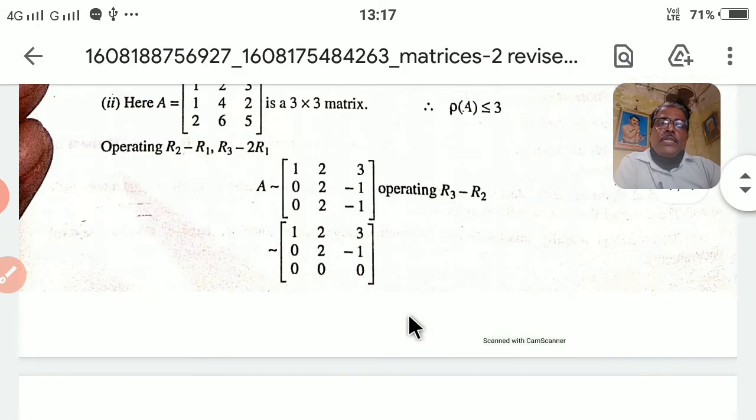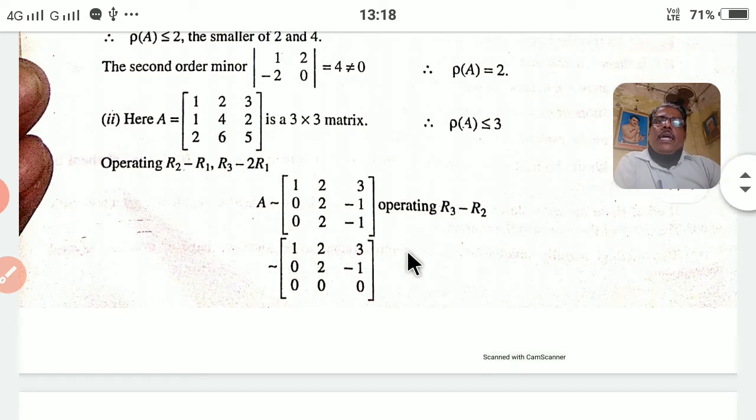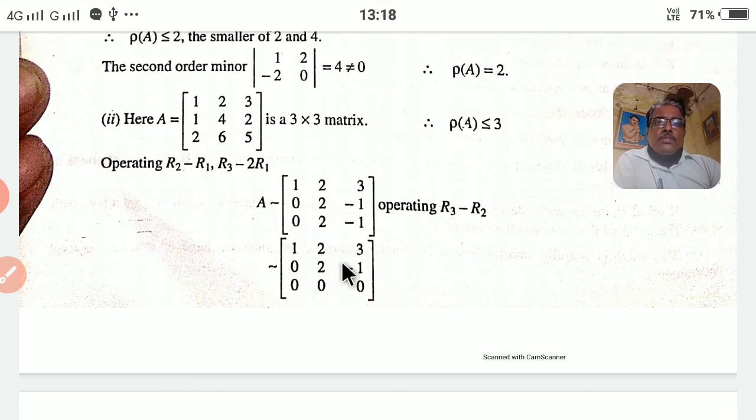So the procedure is: for a given matrix, if it is a 3 cross 3 matrix, operate these elementary row transformations. After obtaining them, if any row is completely 0, then it means that the determinant, or minors, of third order becomes 0.